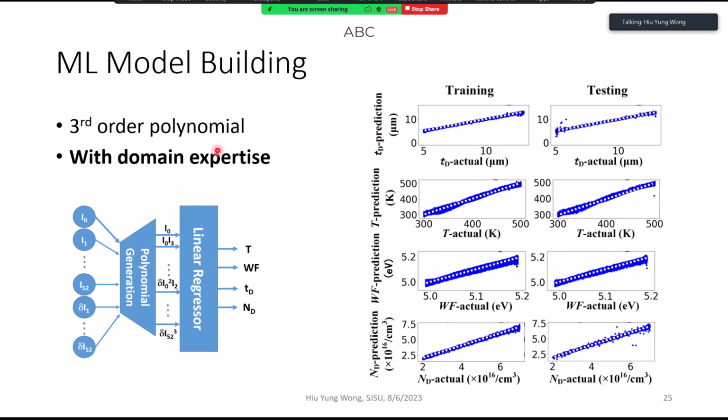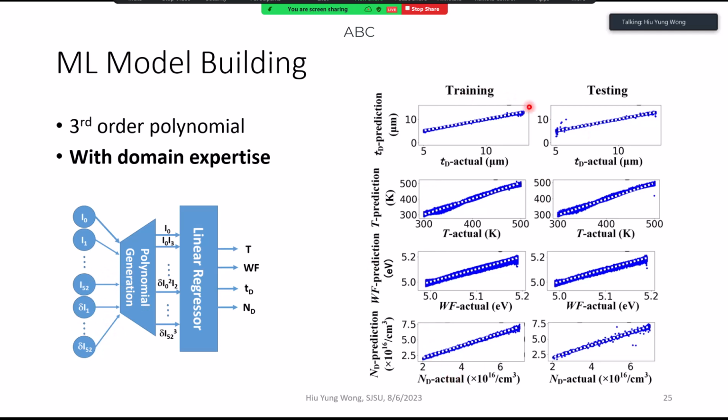And here we use domain expertise because we know that the rate of change of the current is going to determine at least the temperature. So we want to help the machine to learn that you need to look at the rate of change, the delta of the current as a function of voltage. Okay, so we apply the domain expertise.